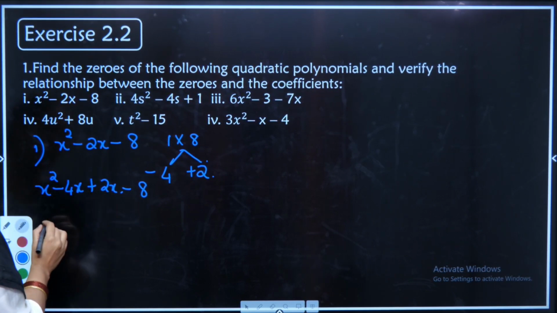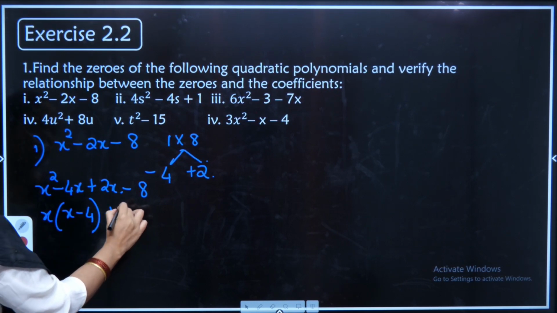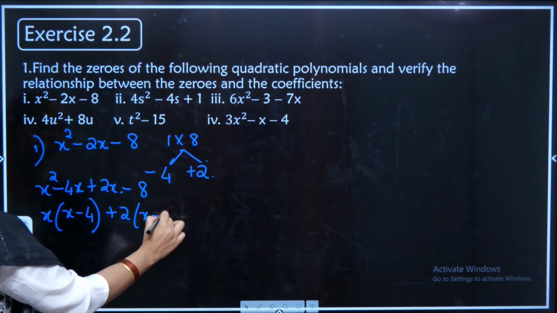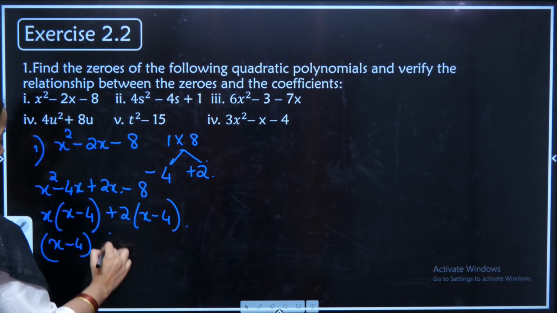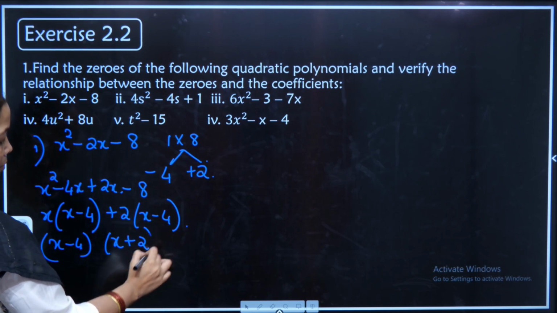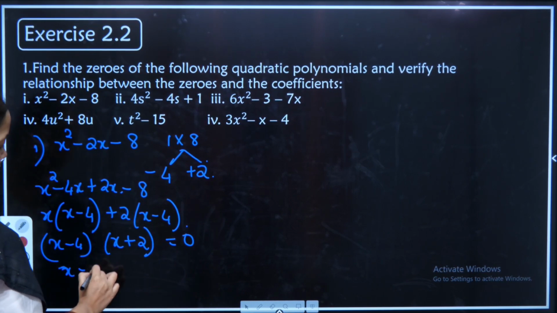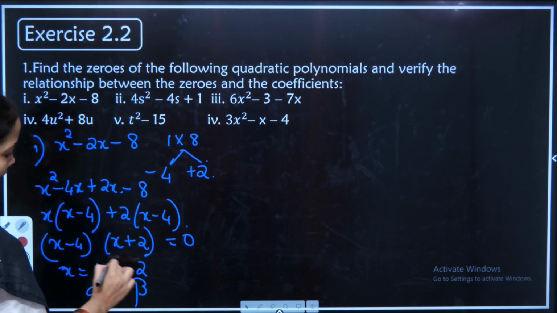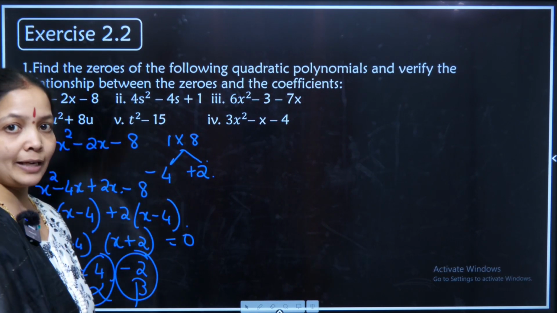Now taking things common, x is common, x minus 4, plus 2 is common, x minus 4. x minus 4 is common here, x plus 2. Both of them equated to zero, I get my x to be equal to 4 and negative 2. So this is alpha, this is beta. I got the values of two important persons, that is alpha and beta.